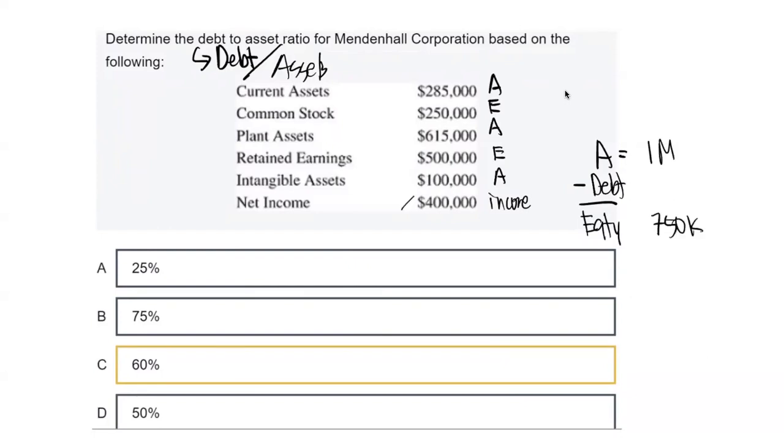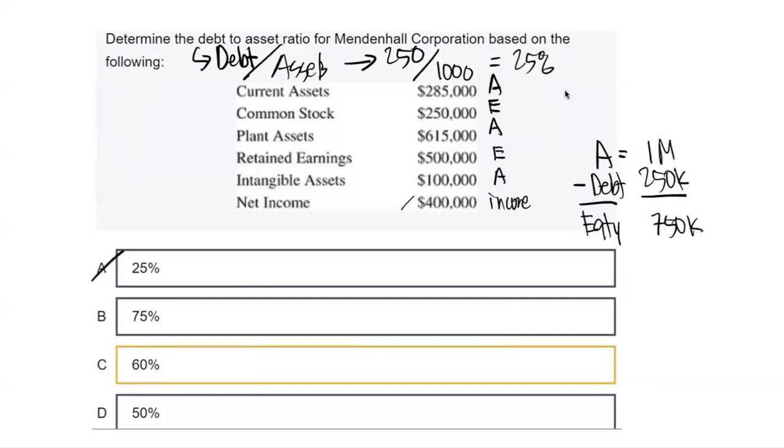So, to complete this formula, what would be our debt? 250. Correct. And now you can solve for this one. Right? Please substitute, what is our formula? Debt is 250 divided by 1 million. It's equal to 0.25.